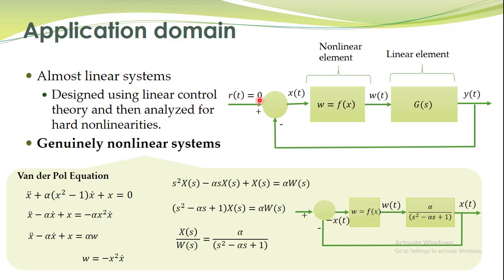For example, for step input, if this limit cycle exists for this input, limit cycle will also exist for a step reference input to that system. So this simplifies our things, taking r of t to be equal to 0. That is why we have taken it to be equal to 0.